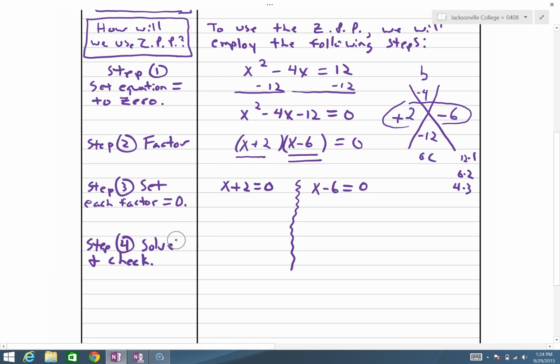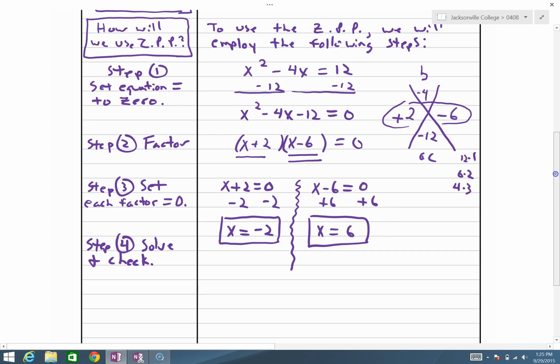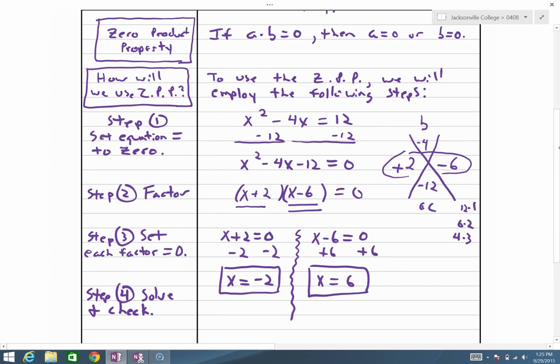Now I have x plus 2 equal to 0. To solve for x, I simply subtract 2 on both sides. So I have x is negative 2. Here, adding 6 to both sides, x is 6. I think these are my solutions. I'm going to take these numbers and substitute them back into my original. I'm going to do this in my head.